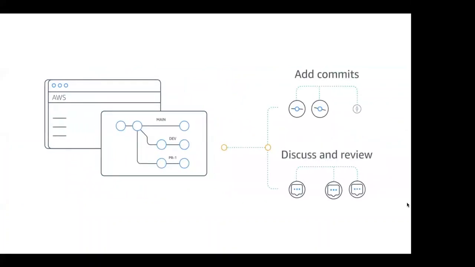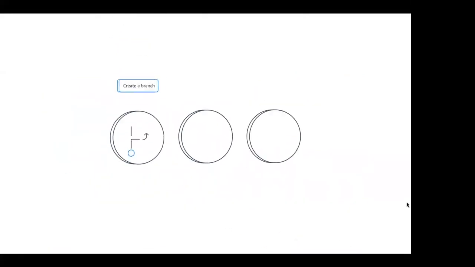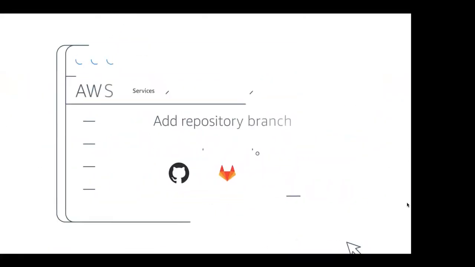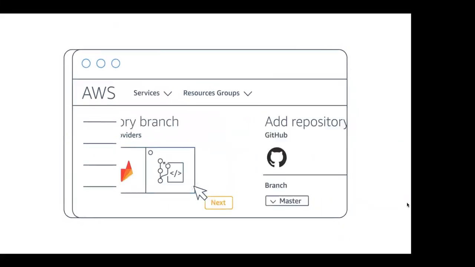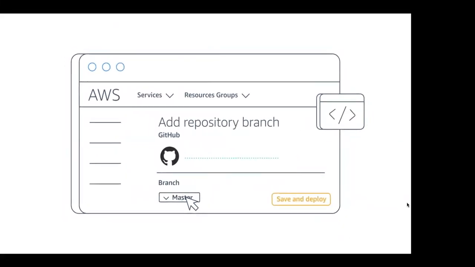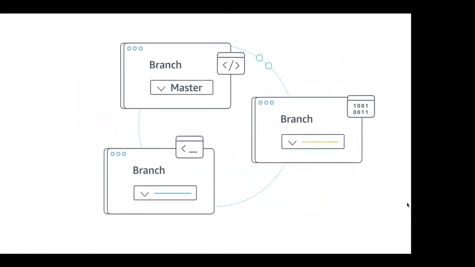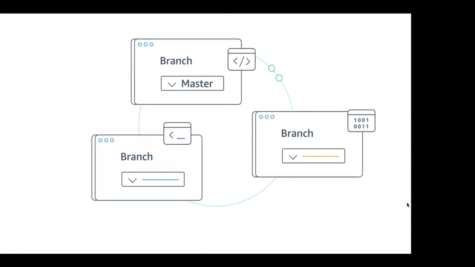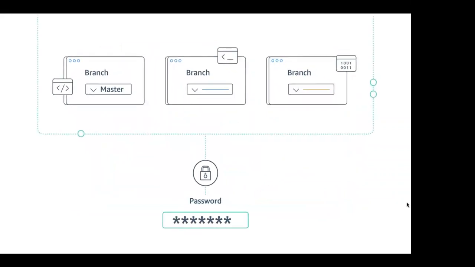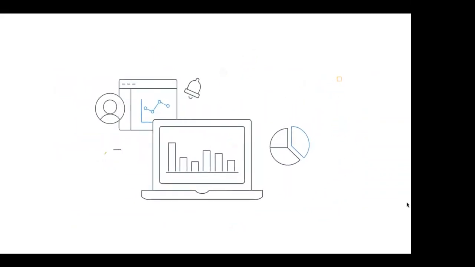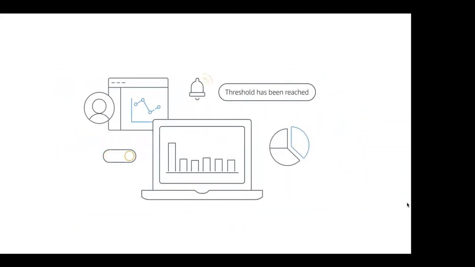Amplify Hosting makes deployment a collaborative experience, with deploy previews for every code change with easy testing and iterating. Once you commit your repository, your app will redeploy every time you commit code to your deployed branch. You can also enable this for multiple branches if you want a preview site for a new feature. You can even password protect these additional branches. Use data to understand how users experience your site. Set custom alarms and notifications to let you know if a metric exceeds a threshold.